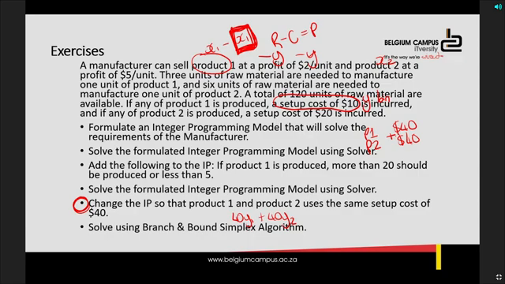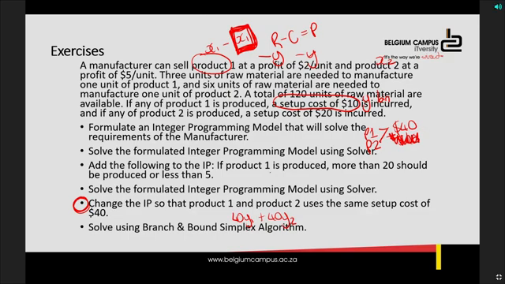In this case, it's 2 setup costs, right? But if it's the same setup cost, meaning if I make either product 1 or product 2, it doesn't matter, it's going to cost me just a value of 40, then I'm only going to have one Y for that. You have to think about it a bit to say, okay, is it going to be for both, or are they both going to have a separate $40?